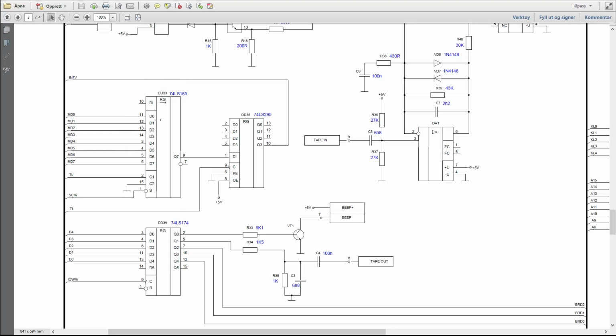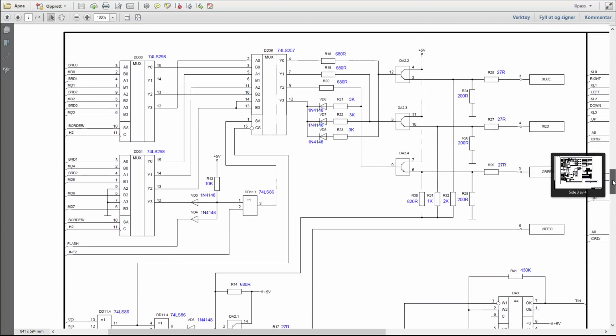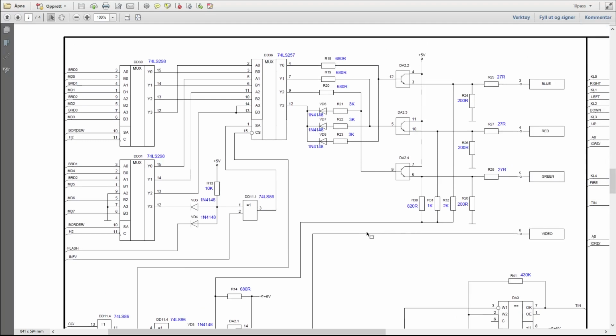It has parallel data in and serial data out. And this is a 4-bit shift register, and these registers are shifting data to the screen. As you can see here, there is some multiplexing done to this signal to get these timings right. You have some timings for the border, and you have some other timings that are driven by memory.